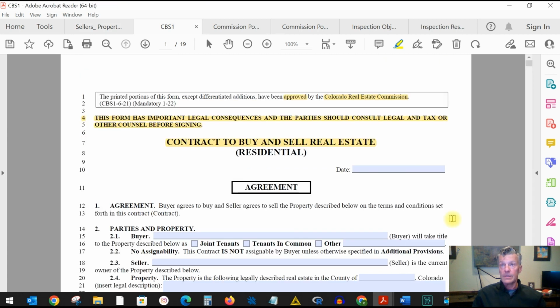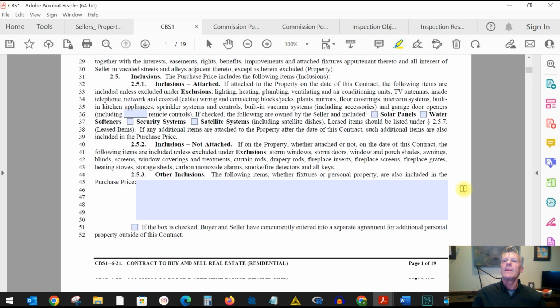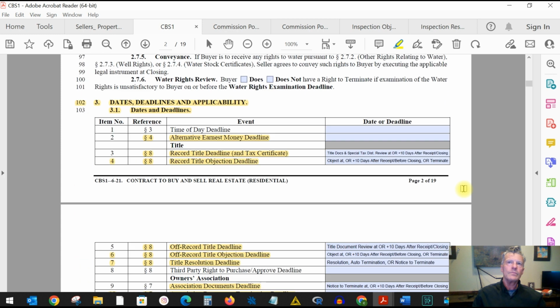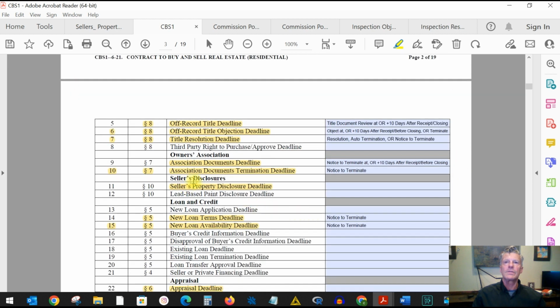Okay, we're going to quickly jump back here to the contract to buy and sell real estate. You're seeing this a lot, but it's really important that you really understand this thing. We're going to scroll down to our dates and deadlines. This is that grid pattern that we've seen so often, and you're really starting to get an idea how important it is. We just talked about the seller's property disclosure right here.